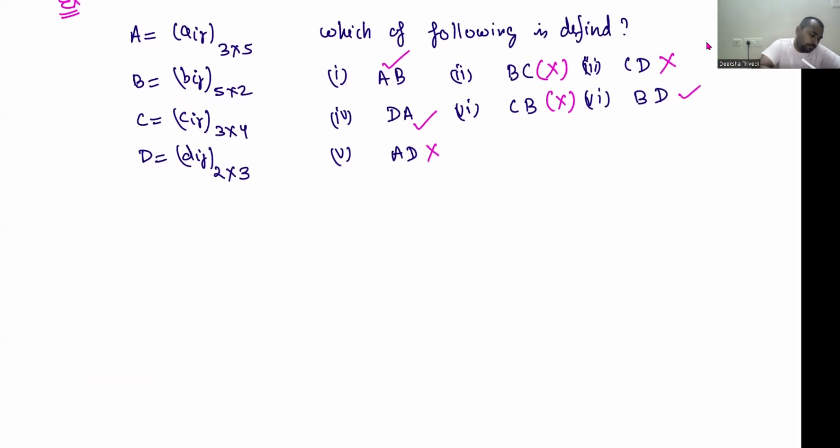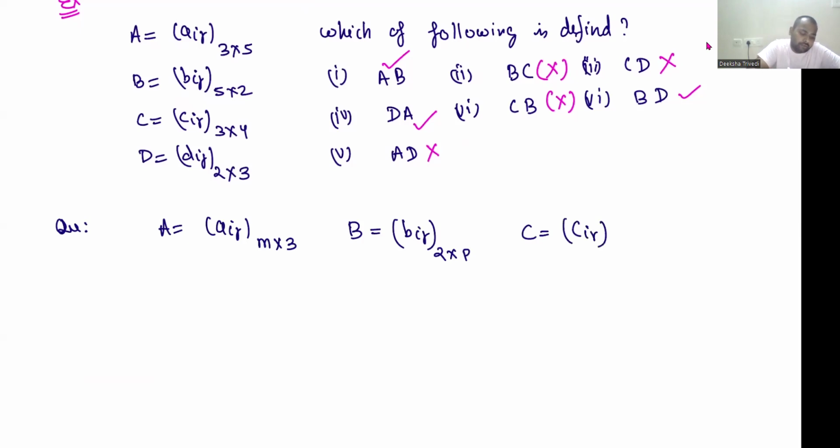Now suppose we frame another question. Matrix A, aij of order m cross 3, and matrix B, bij of order 2 cross p, and matrix C, cij of order 3 cross 4.